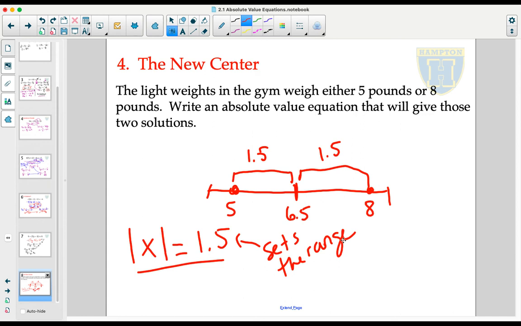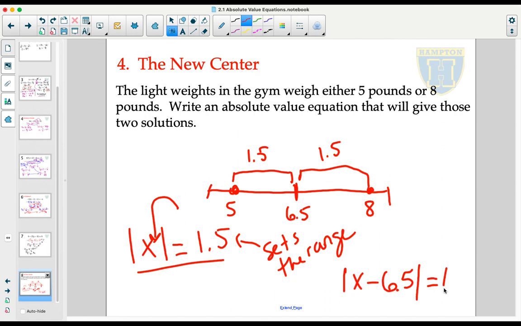And the key to shifting the space is what actually goes inside with the x. If I want to shift the solution space one direction or the other, I need to shift it so that that center, that 6.5, ends up becoming part of the equation. And the way to do that is imagine that shift as a subtraction.